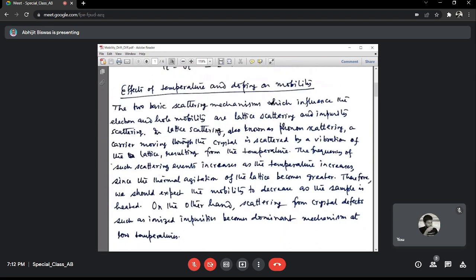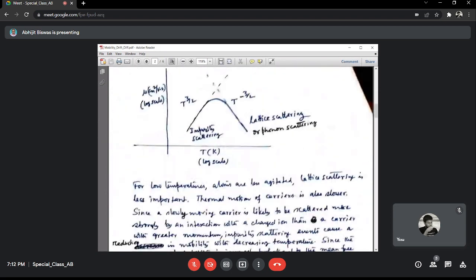So here you see the variation of mu, the mobility of, say, electrons, with respect to the temperature. Both are plotted in log scale, so it is a log plot.